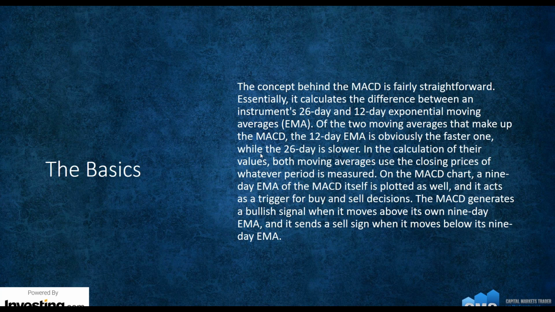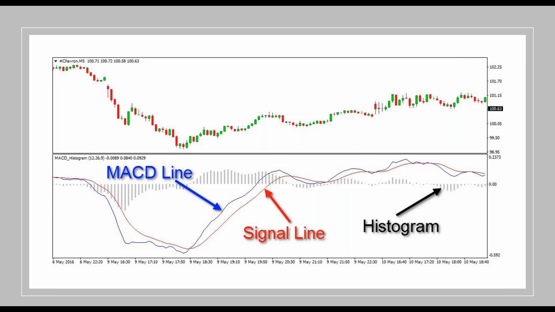On the MACD chart, a 9-day EMA of the MACD itself is plotted as well, and it acts as a trigger for buy and sell decisions. The MACD generates bullish signals when it moves above its own 9-day EMA, or it sends a sell signal when it moves below. But we're not even over to this trigger point yet.